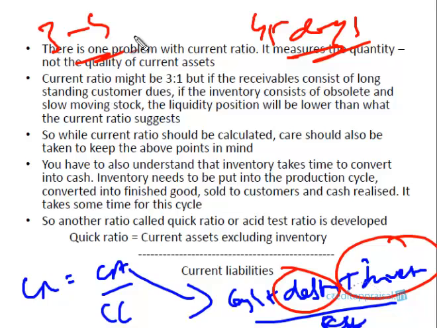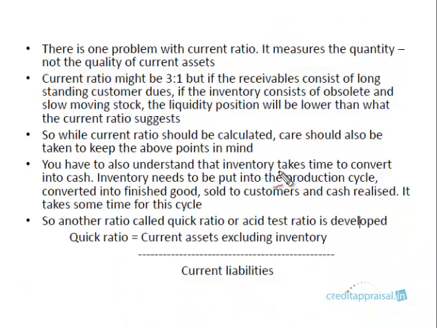So there's some problem with the collection procedure here, right? Those parties are not paying. Is it fair to take those into account in the calculation of the current ratio, saying we have a high current ratio? Maybe if you deduct this and the obsolete stock, the current ratio will come down drastically. We don't know. So the current ratio has a problem: we are not focusing on the quality of inventory and debtors. And also inventory takes time to convert, even though it is a current asset, right?